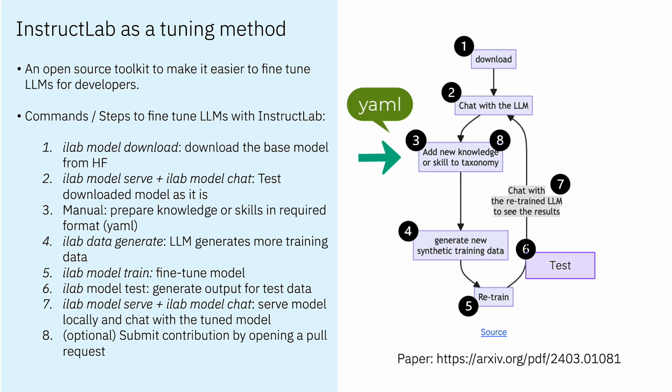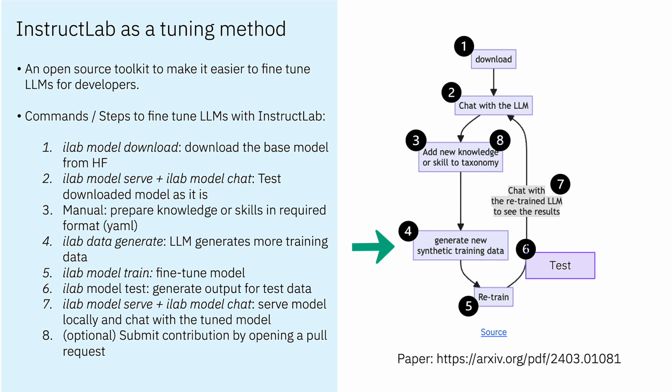Based on these manually curated examples, Instructlab will generate new synthetic training data using large language models to create more input and output examples. These training examples are both generated and evaluated, and any that don't pass the quality check will be discarded, ensuring high-quality synthetic data.